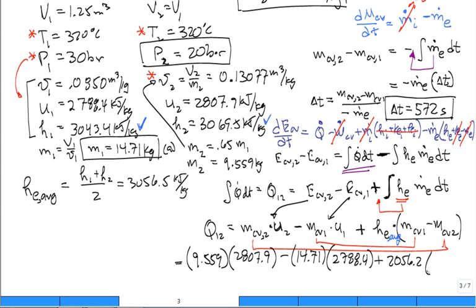I think I already calculated that somewhere, but I don't know where I see it on my sheet. But 5.1471 kilograms left during the process. And so the Q, 1 to 2, comes in at 1566 or 1570 kilojoules.